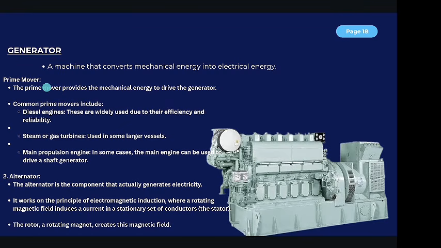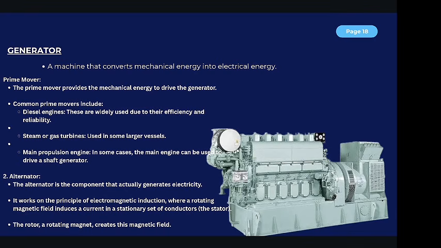The prime mover provides the mechanical energy to drive the generator. The common prime movers include the diesel engines, which are widely used due to their efficiency and reliability, and steam or gas turbines, which are used in some larger vessels.